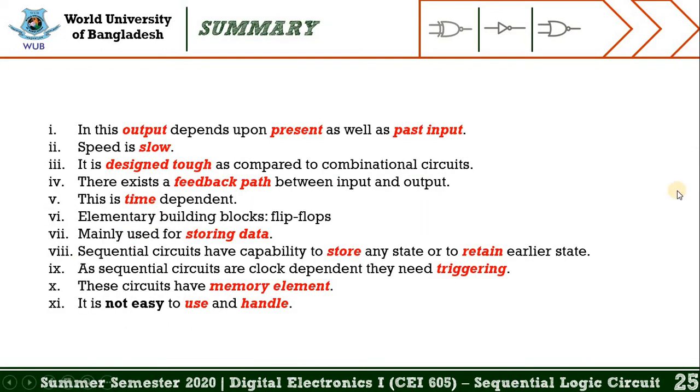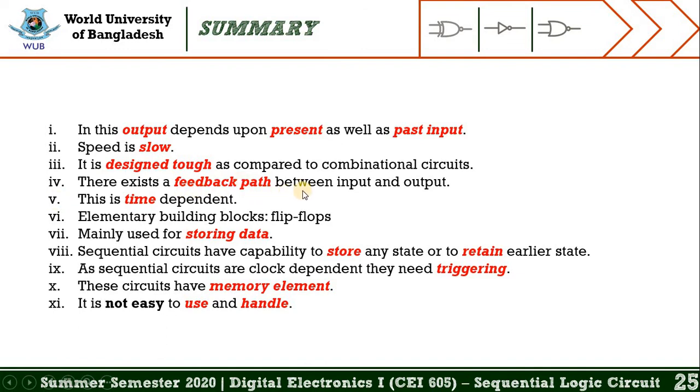If we summarize the last few slides of sequential logic circuits, then we may find the following things. The output depends upon present as well as past input. Next one, speed is slow. Next one, it is designed tough as compared to combinational circuits.